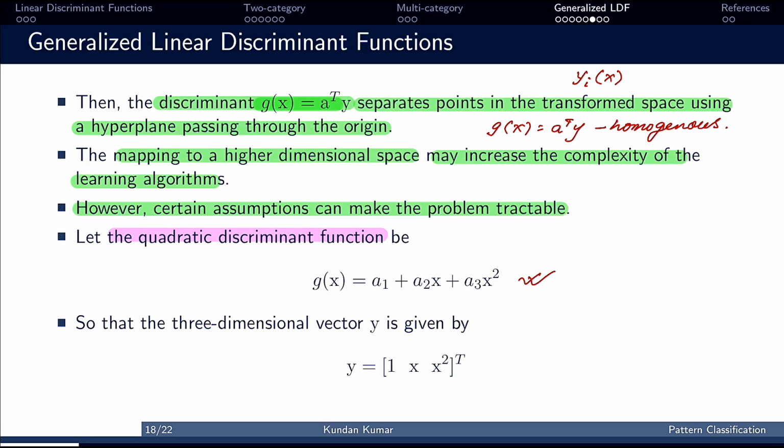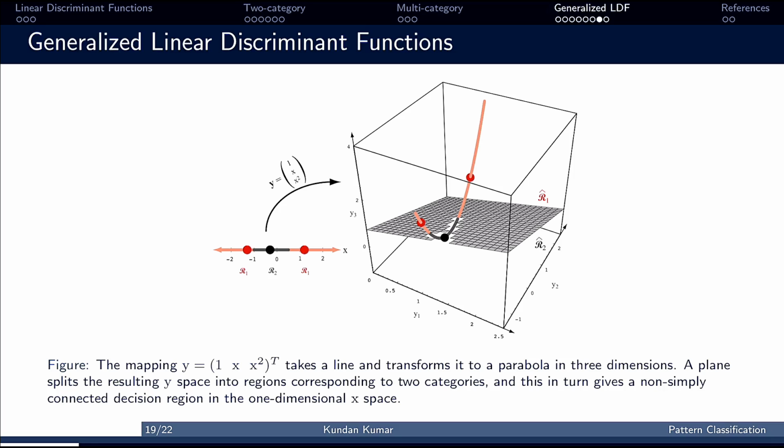The 3-dimensional vector y is given by this expression, a column vector, which maps the input feature vector x to a 3-dimensional feature space.